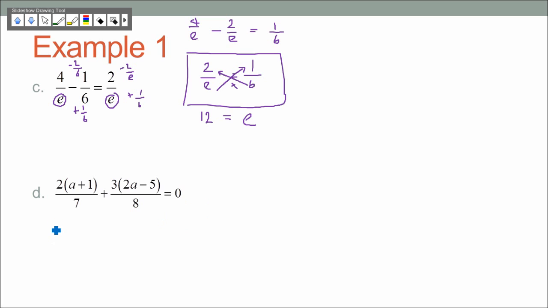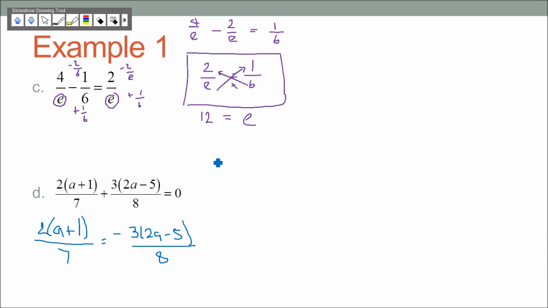Therefore, our question is now going to look like 2, and in brackets, a plus 1 over 7, and that's going to equal, because we've subtracted it, minus 3 bracket 2a minus 5 over 8.